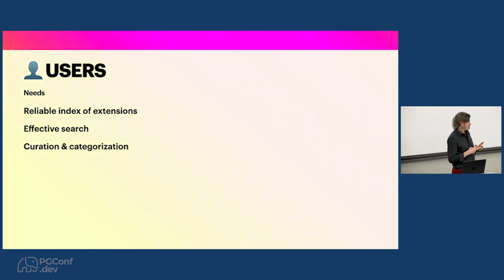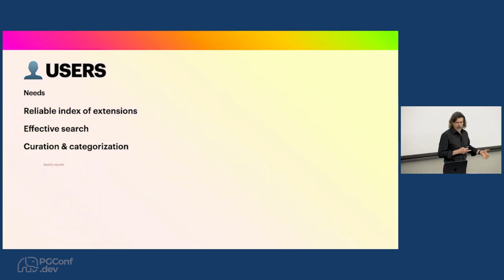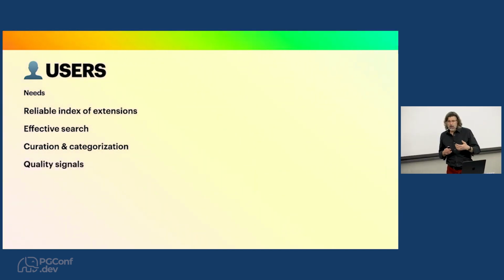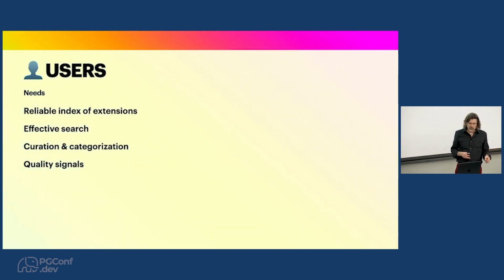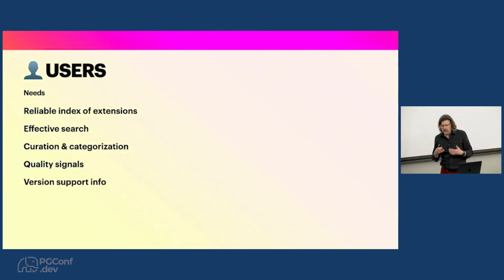Curation and categorization, because very often they say, well, actually, I'm working on a data analytics problem, I only need to look at those to be able to browse for that. Quality signals, so when they're looking at something, they can say, oh, this looks like it's well maintained or well cared for, or this one is missing some quality metrics, which calls the quality into question.